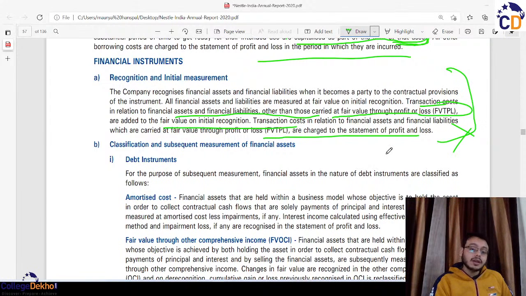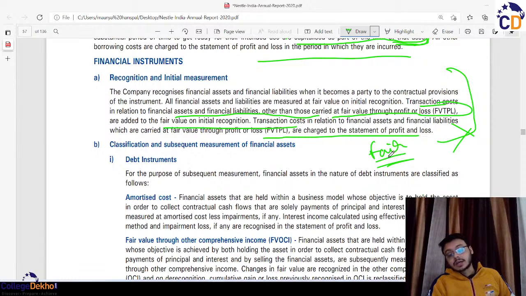But that is somewhat related to what we talked in the previous session about comprehensive income. मान लो कुछ fair value change हो रही है asset के, and that is unrealized, and you have not sold that asset, so that would be recognized in comprehensive income. Okay, but once it is realized, like you have sold that asset, so that would be realized in your P&L because actual पैसा आ गया.